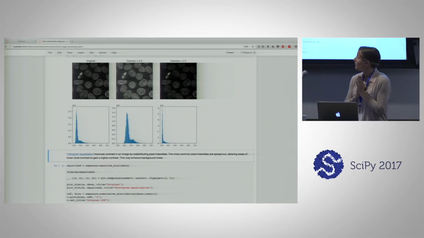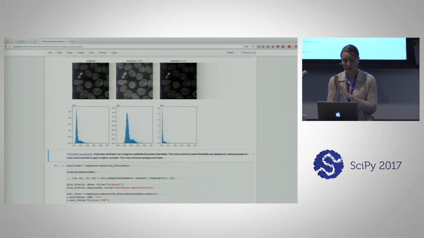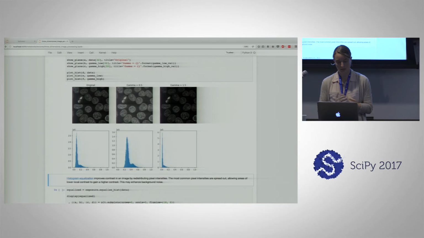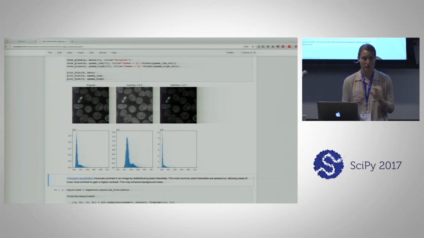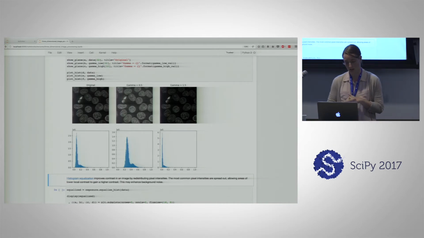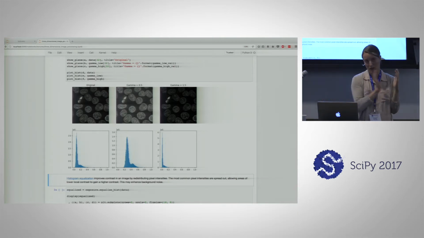Underneath each image is the histogram of pixel intensities across the entire volume. The original image on the left shows 2 spikes. The first one corresponds to the background pixels, and the smaller one, centered around 0.2, corresponds to the foreground pixels. In general, we see that most of these pixels are shoved towards 0, making it very dim.